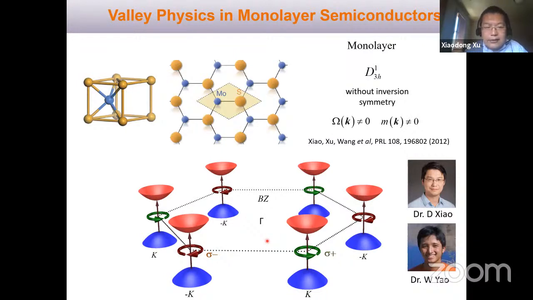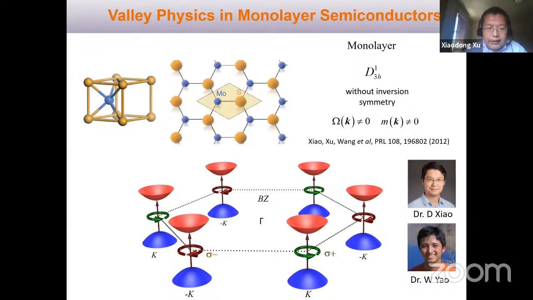There's a new feature in these double monolayer systems, where they inherit the spin and valley physics from the individual monolayers. My friends Di Xiao and Wang Yao developed the theoretical foundation to understand the system. Basically, in the monolayer TMD, there are 6 Dirac cones, and due to inversion symmetry breaking, 2 of them are not degenerate.